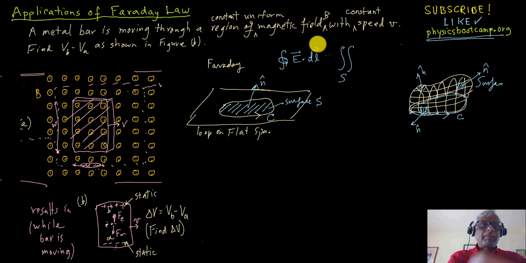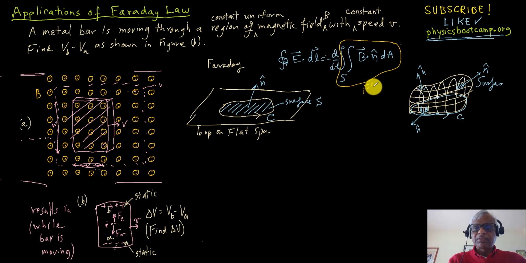So it will be minus d over dt of this integral B dot n hat dA.